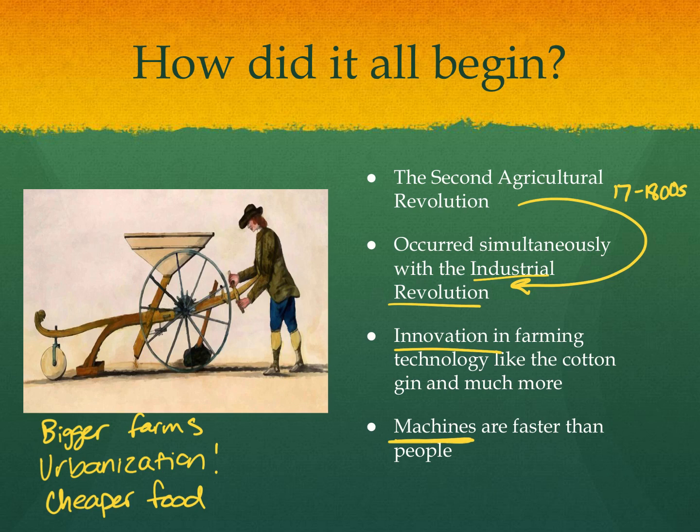So this is all happening at the same time. Our food is getting cheaper, our population is growing, we're able to feed all of these people now because we have a cheaper source of food, and now we're not as worried about feeding our family, so people start to live longer, which is also adding to our population growth because we have a stable food supply, and food is being produced cheaper, okay?